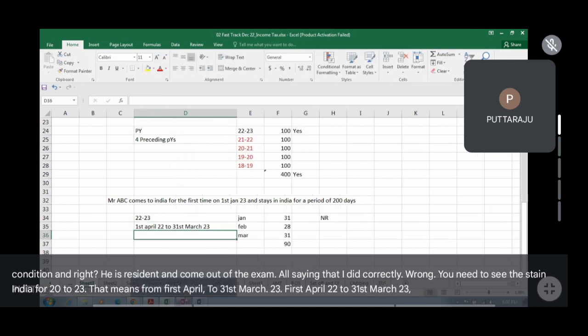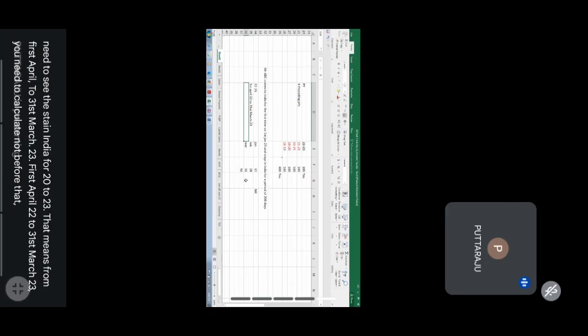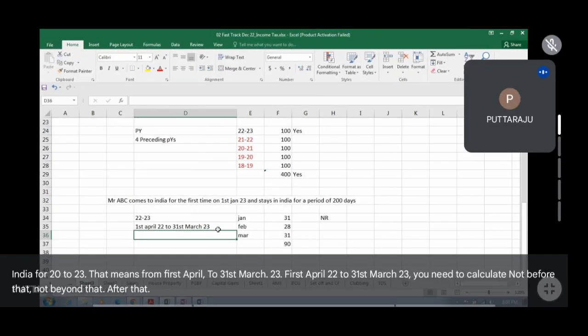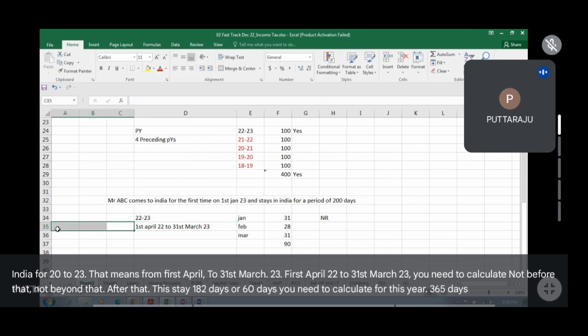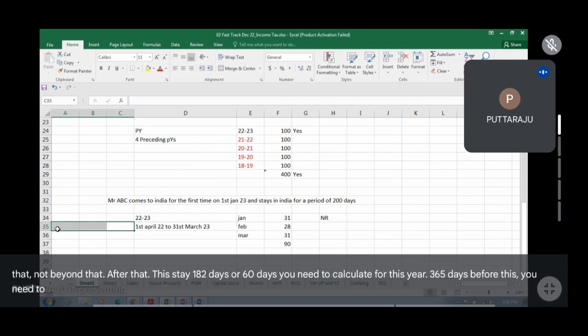You need to calculate. Not before that, not after that. This stay of 182 days or 60 days you need to calculate for this year. The 365 days, before this you need to calculate. Understood?